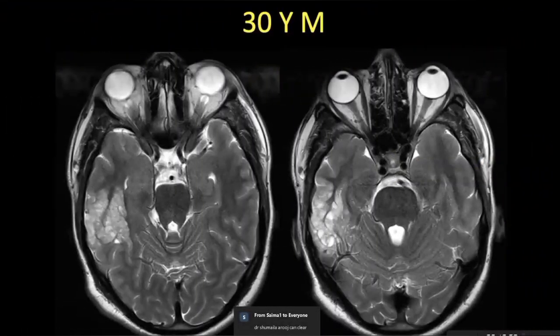These are the two T2 weighted images. Yes, sir. So this is MRI brain axial slices of a 30-year-old male, and there is an intra-axial lesion in the right temporal lobe with multiple cystic hyperintense signals giving a bubbly appearance, and there is no surrounding edema and no mass effect and no midline shift.